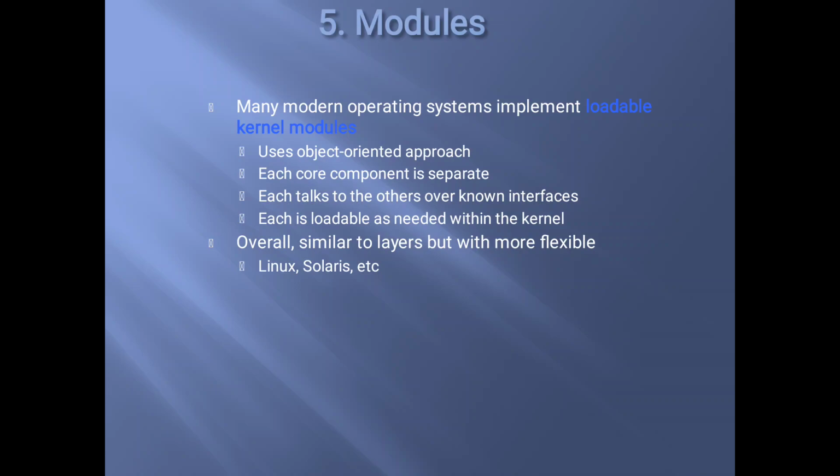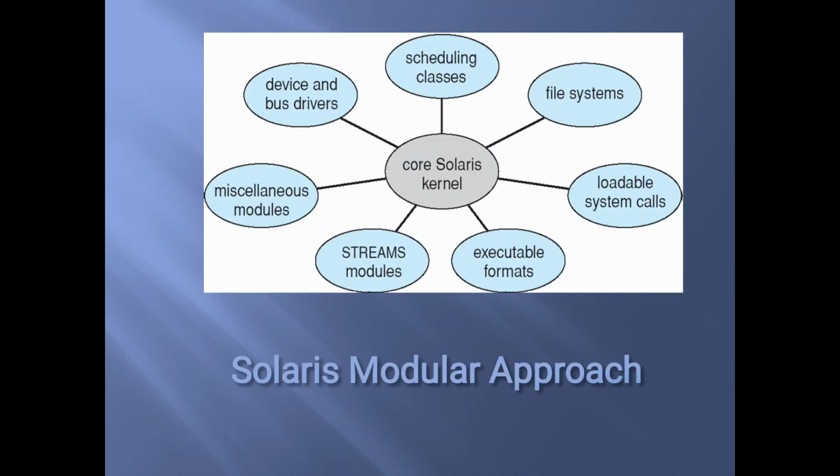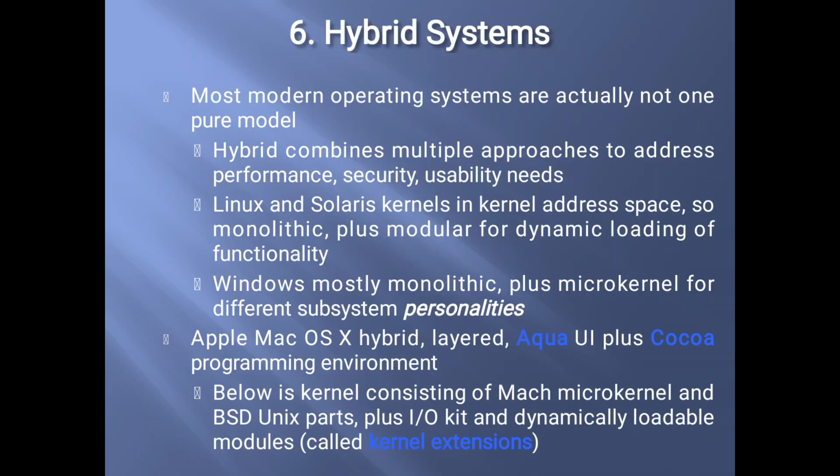Overall it is simple and very easy to extend the OS, so it is more flexible. An example of this approach is the Solaris modular approach, where scheduling, file systems and loadable executions are all handled by the core Solaris kernel.